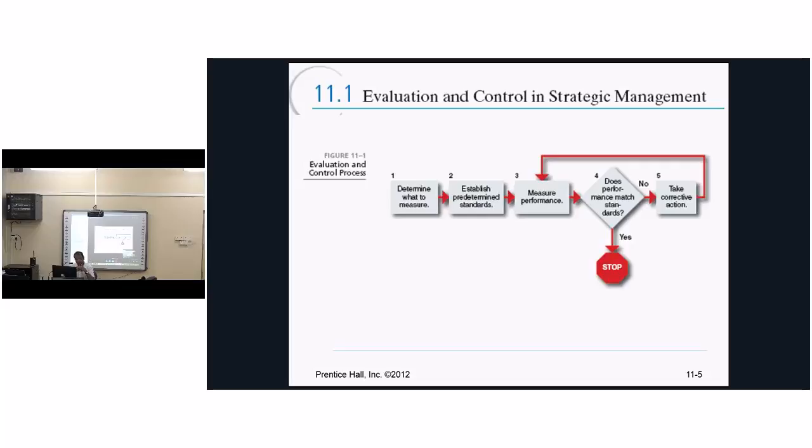For example, you want to measure absenteeism on a daily basis, but your system is unable to provide that information, then there's no point in having that particular measurement. Either you should change your measurement to suit your system capabilities, or you need to change your systems according to your performance measures.